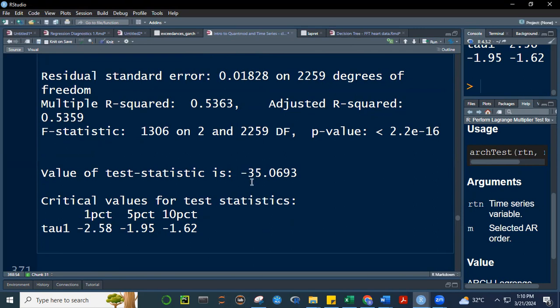All right, so our test statistic is negative 35.06. And the critical value at 1% is negative 2.58. At 5%, it's negative 1.95. We can just use the 5% level of significance. And you can see, if you compare the test statistic, it's negative 35, and our 5% is negative 1.95.